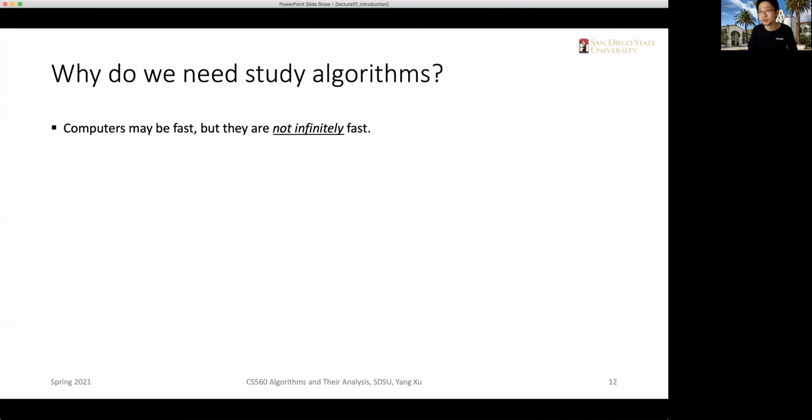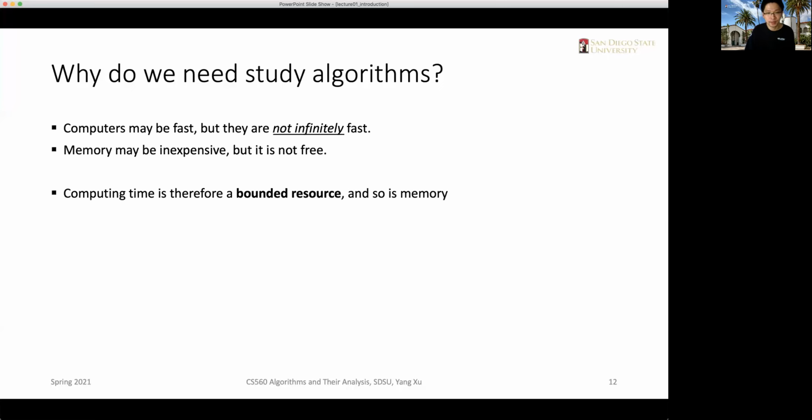It will be a waste to run a poorly designed algorithm on a very fast modern computer. And that's from the speed perspective. From the memory cost perspective, memory is also a resource. It's not a free resource. It has its own limits.